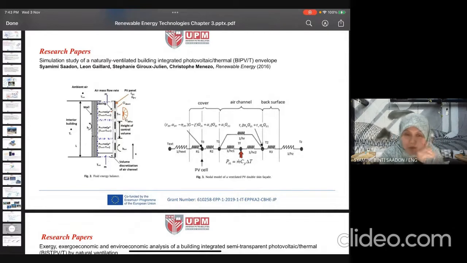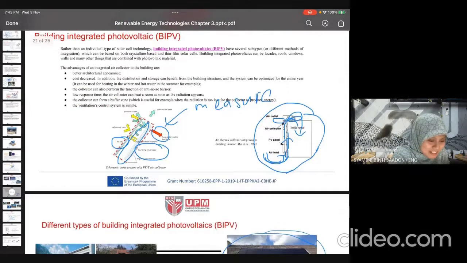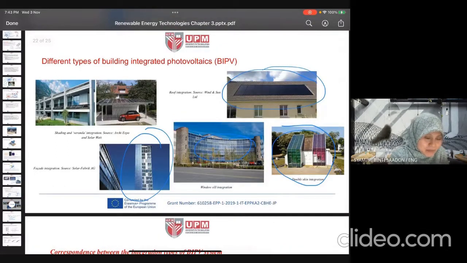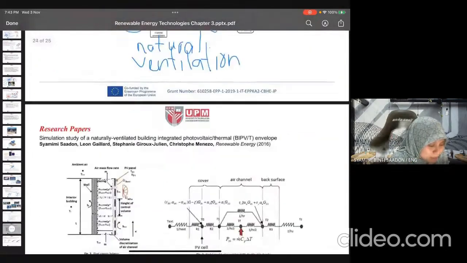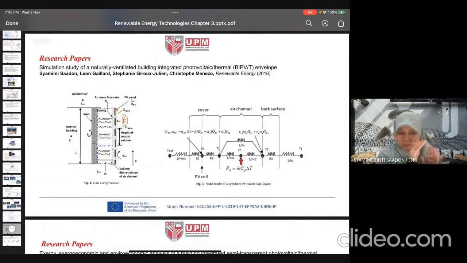So the prototype is the photo that I showed you just now. This is the prototype experimentally done at a site location in the south of France at that time. Me, I did the modeling and simulation part, by using a thermal building software called TRNSYS.